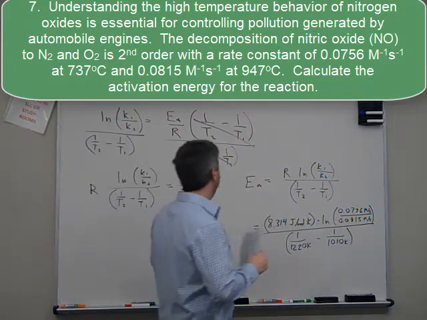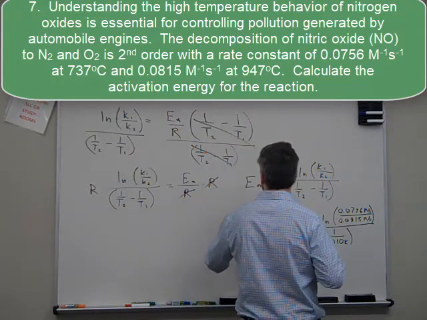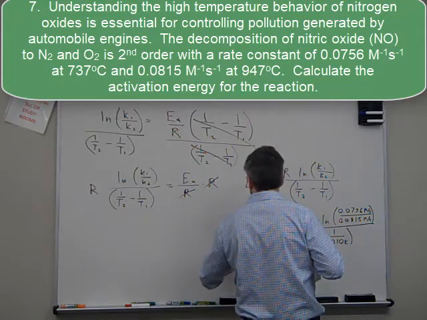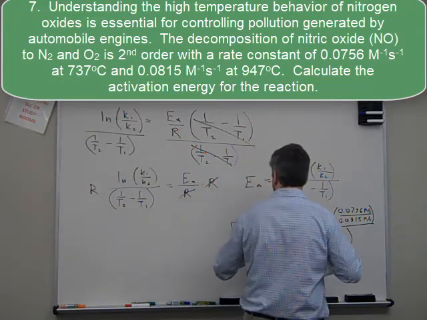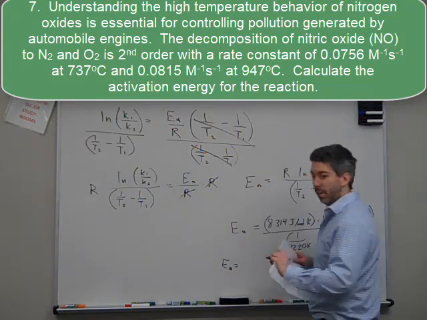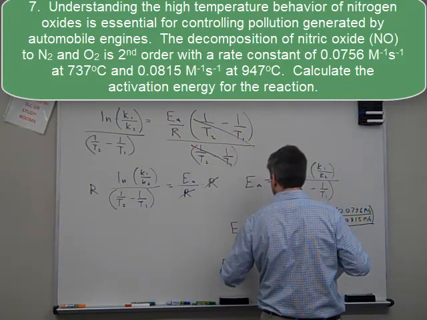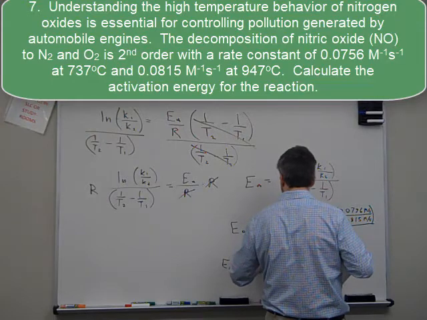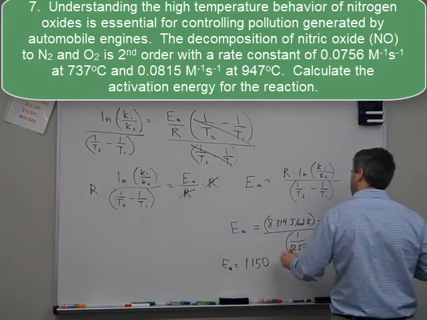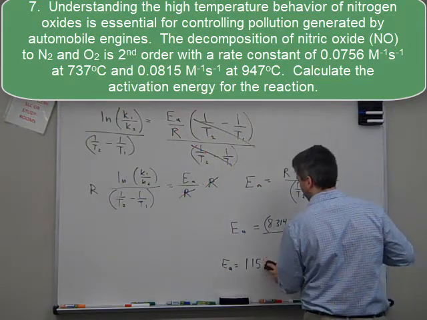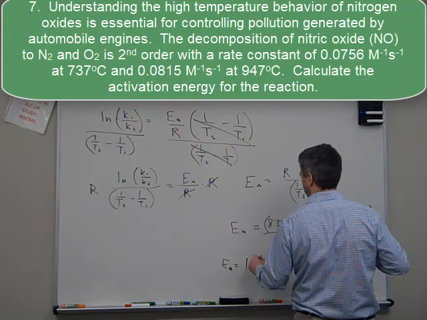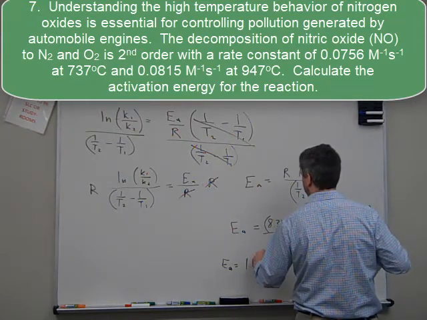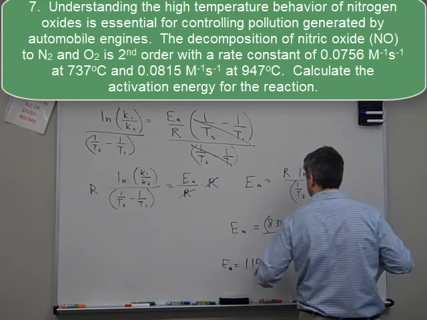Oh wow. Okay. So EA is, what did you say it was? 1,150.75. Okay, so probably 4 sig figs is good enough, but 1,151, we'll say. Joules though.